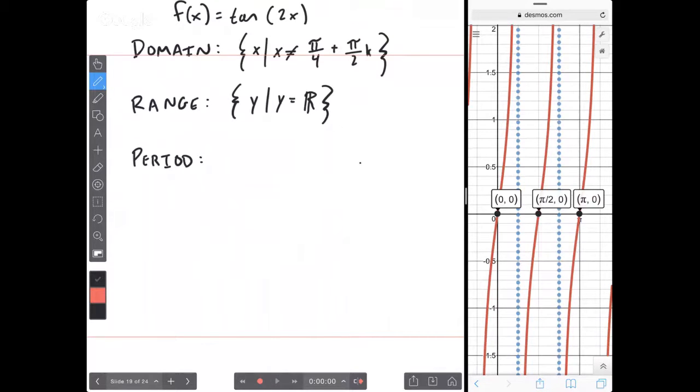It was the natural period pi divided by 2, which means tan of 2 times x plus pi over 2k equals tan of 2x.